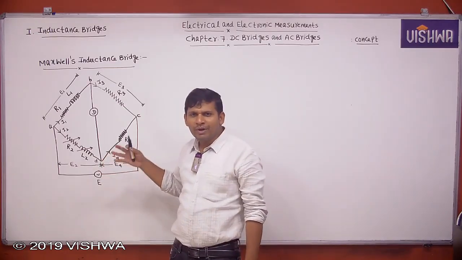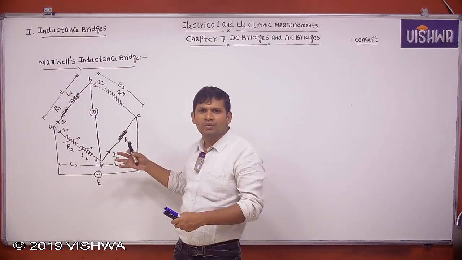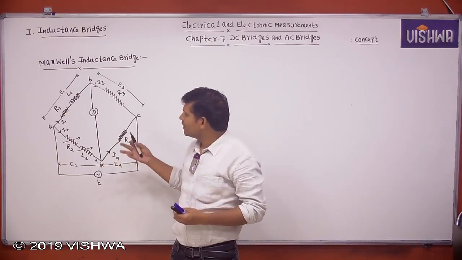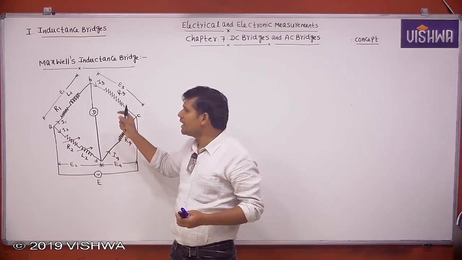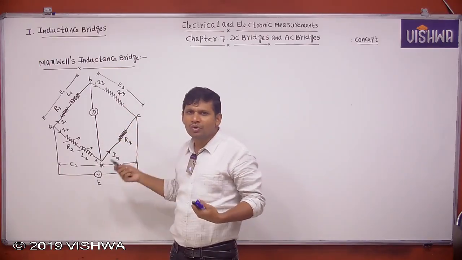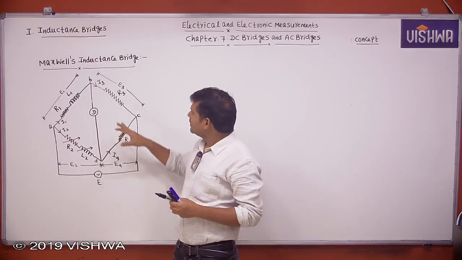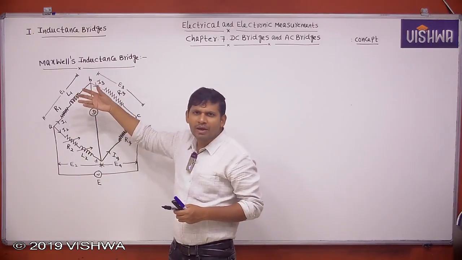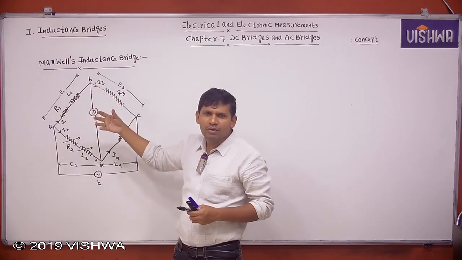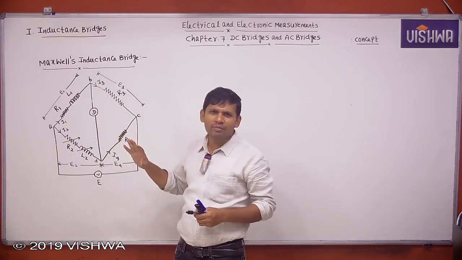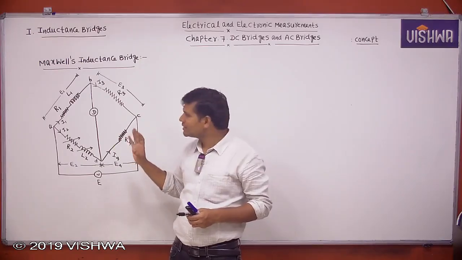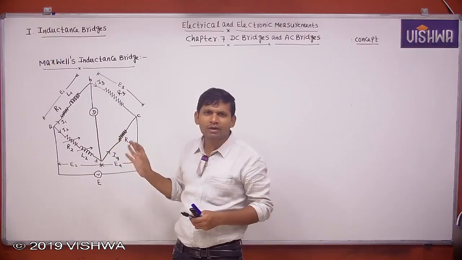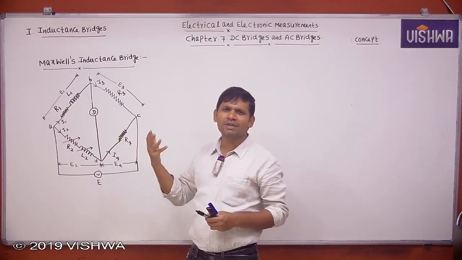They will give one bridge in the competitive exams and ask what the balance equations are. Balance equations means unknown values represented as known values. Some parameters are known and some unknown parameter is given. Calculate the unknown. To solve any type of model based on this, if any bridge is given, go for balance condition only. Product of opposite impedances, then we can answer any question.